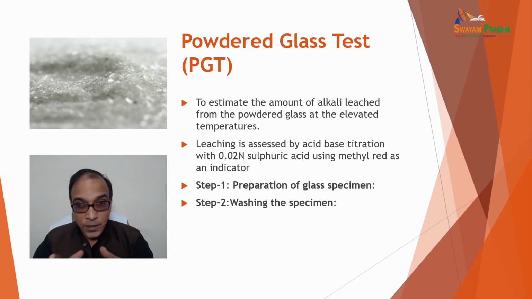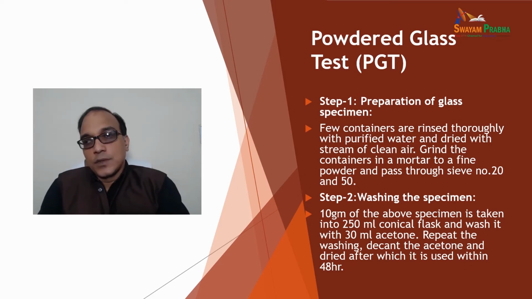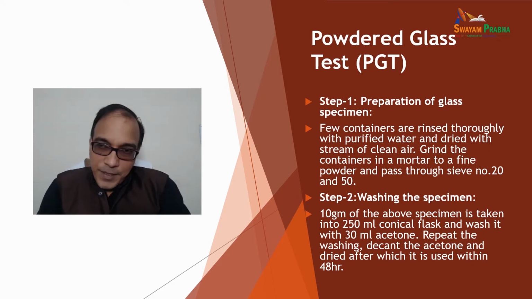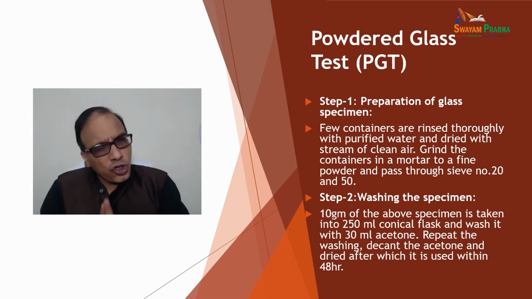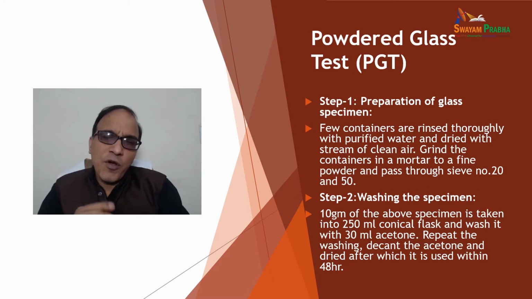So step 1, preparation of the glass specimen. You will crush the glass container and then prepare the sample. Second step is washing this specimen. For the powder glass test, step 1, preparation of glass specimen: a few containers are rinsed thoroughly with purified water and dried with a stream of clean air.